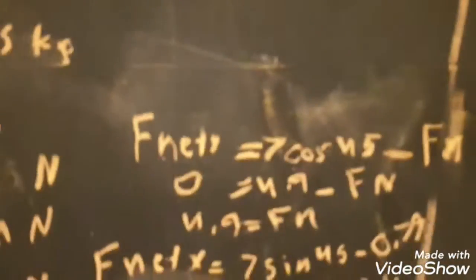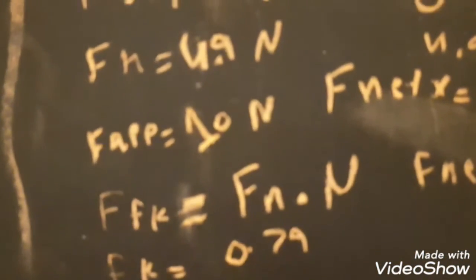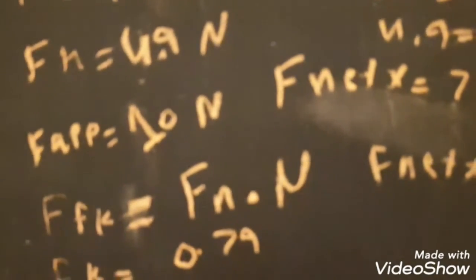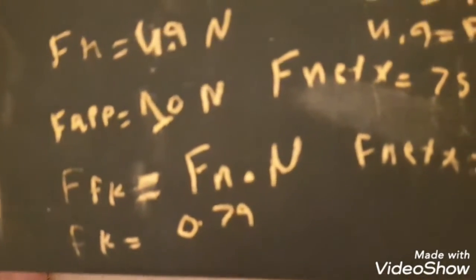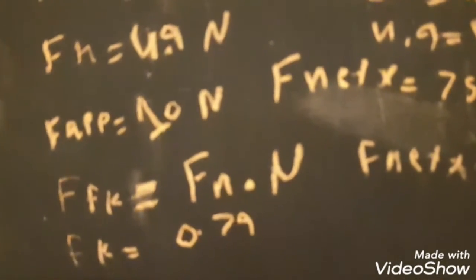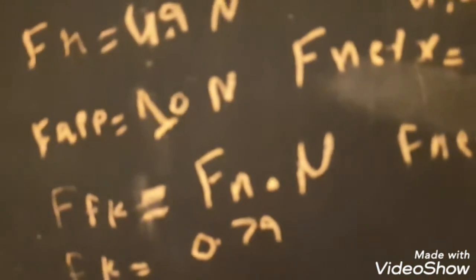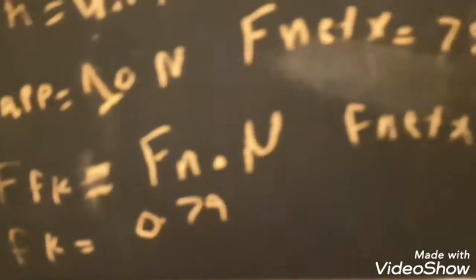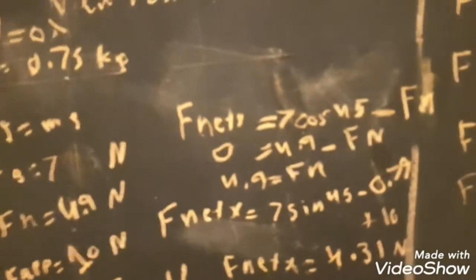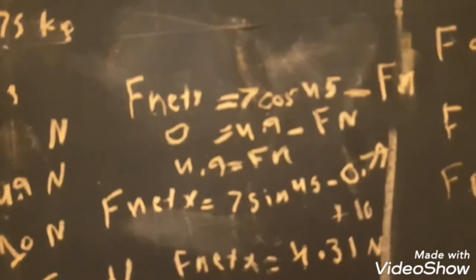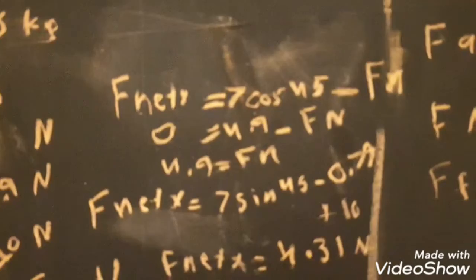Since the normal force is equal to 4.9, we go to the force of friction, the kinetic friction, and we multiply the normal force by the coefficient of kinetic friction, which we assumed to be 0.1, which gives us 0.49. By knowing this, we can now get F net x in the x direction.